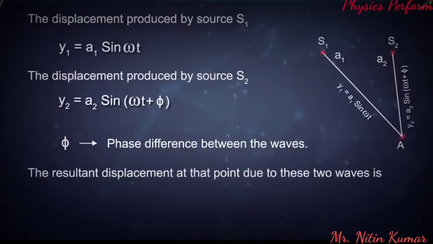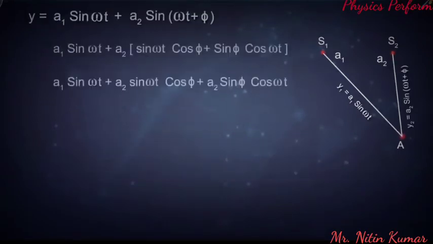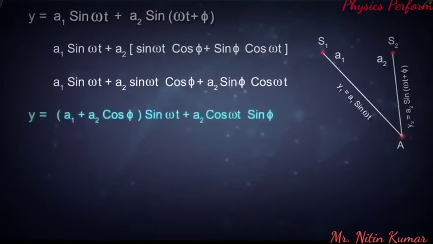The resultant displacement at that point due to these two waves is y = y1 + y2. This is equal to A1 sin ωt + A2 sin(ωt + φ). After simplification, we get y = (A1 + A2 cos φ) sin ωt + A2 cos ωt sin φ.